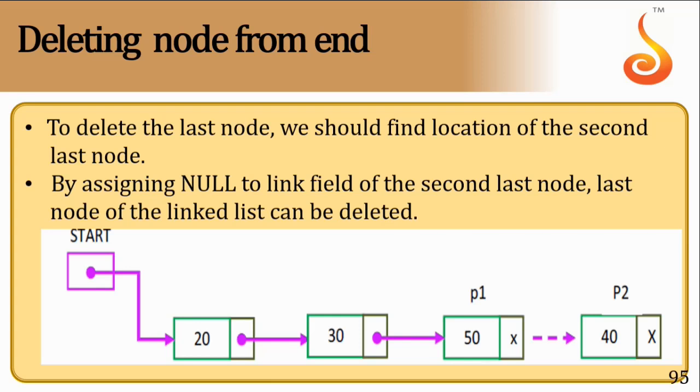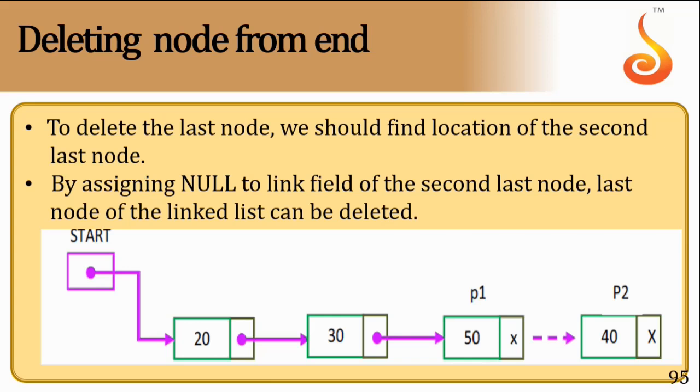For example, if I have P1 and P2 as two pointers, I would start from the first node and I would traverse the list until P2 reaches the last node. So when P2 reaches the last node, P1 should be placed in the node prior to that. That is one node before that. P1 should be pointing to a node which is last but one node.